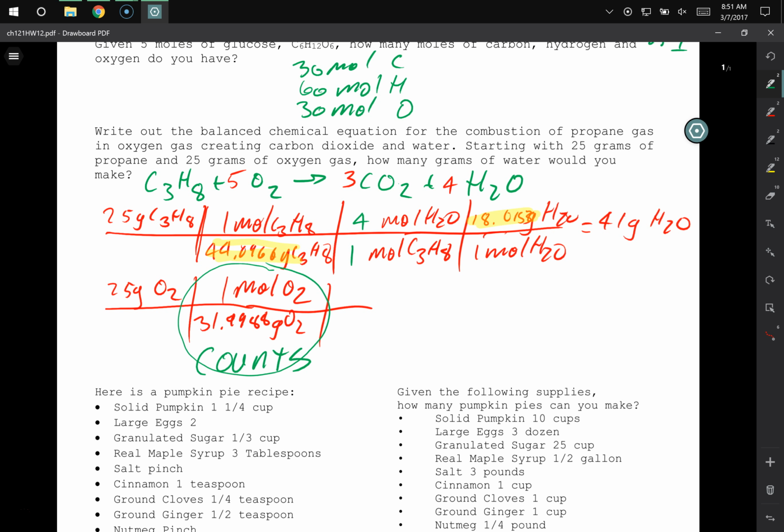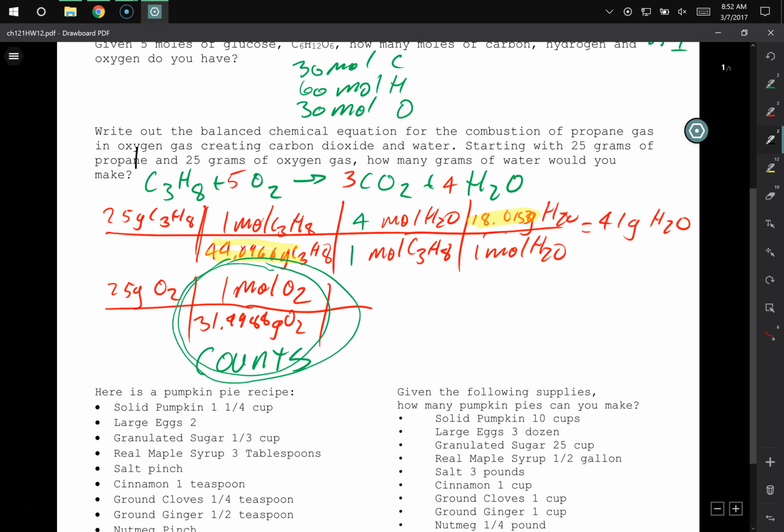Because what I need to know is how many actual molecules I have. And the only way I can do that is to use this conversion factor right here, which is the number of grams per 1 mole. So I always set it to that. Why am I counting them? This chemical equation says I need 1 of these, 5 of these, 3 of these, 4 of these.